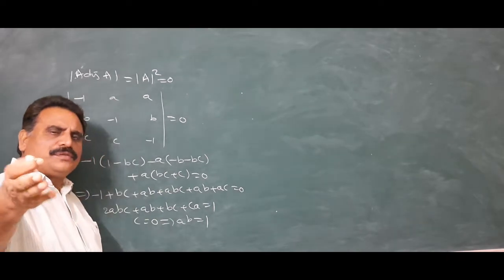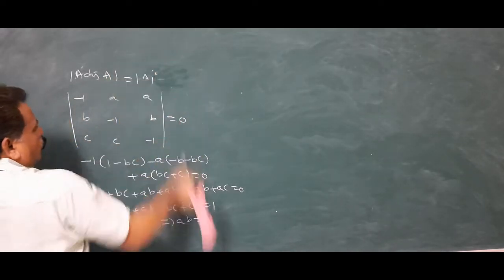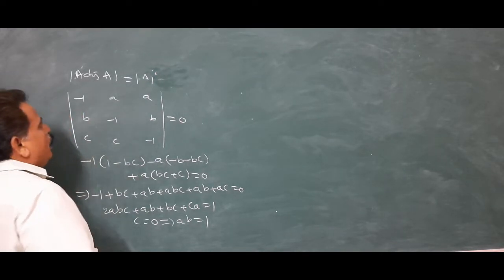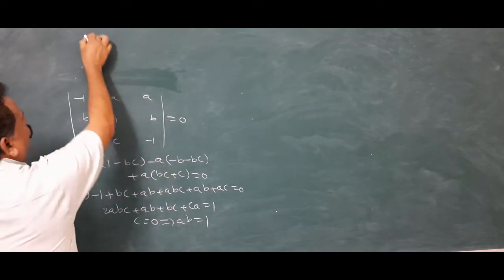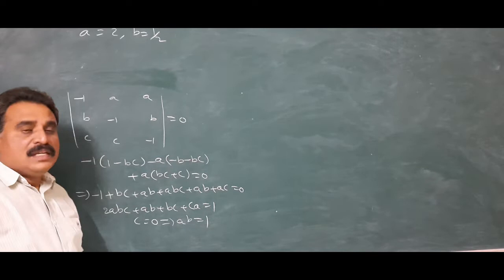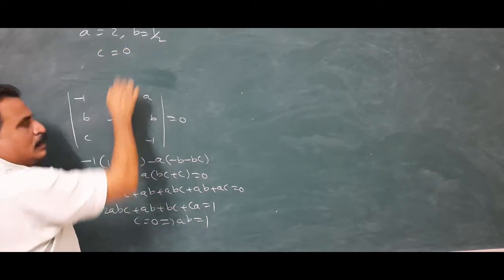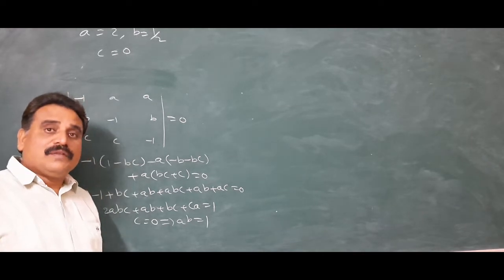Let us take one solution: A equal to 2, B equal to 1 by 2. Now here A is 2, B is 1 by 2, C is 0. This is one of the solutions.